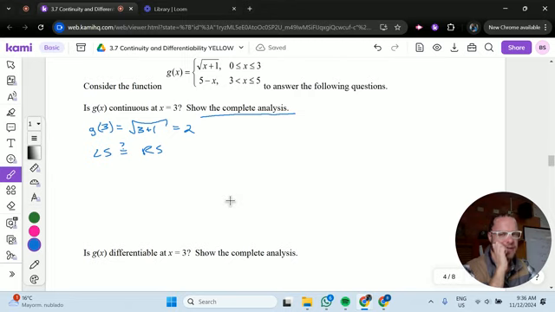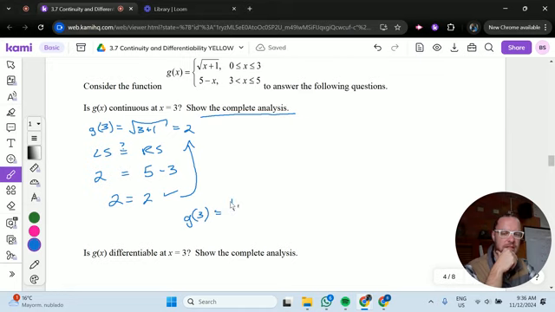And we already figured out the left side of it, and the left side was 2. So we really just got to work on that right side and go 5 minus 3. Well, that is definitely 2. So because 2 equals 2, and that equals what the function is, in other words, g of 3 equals the limit as x approaches 3 of g of x, and it equals 2.